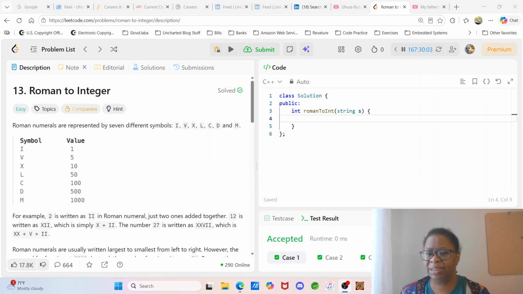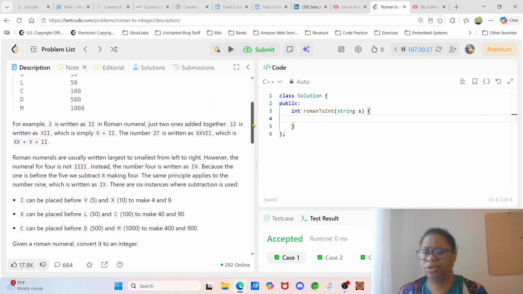Roman numerals are represented by 7 different symbols: capital I, V, X, L, C, D, and M. Capital I equals 1, V equals 5, X equals 10, L equals 50, C equals 100, D equals 500, and M equals 1000.